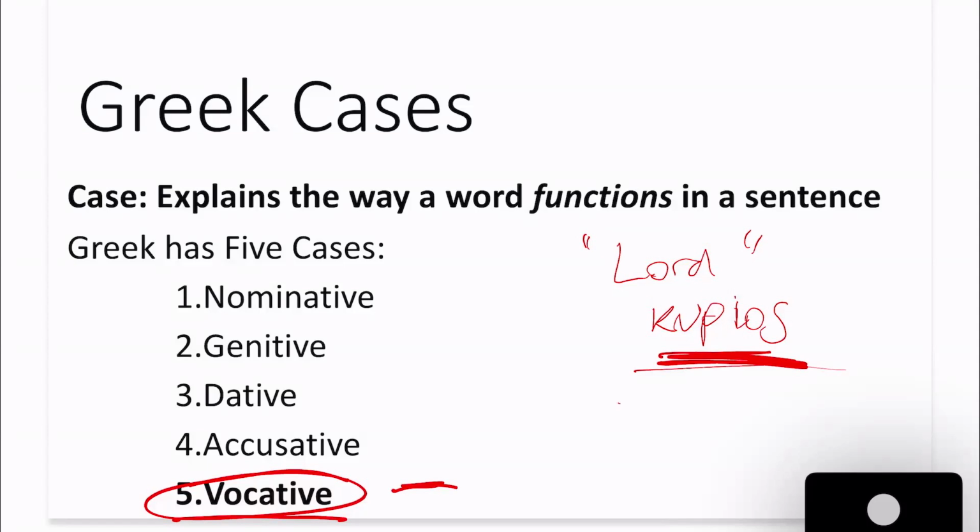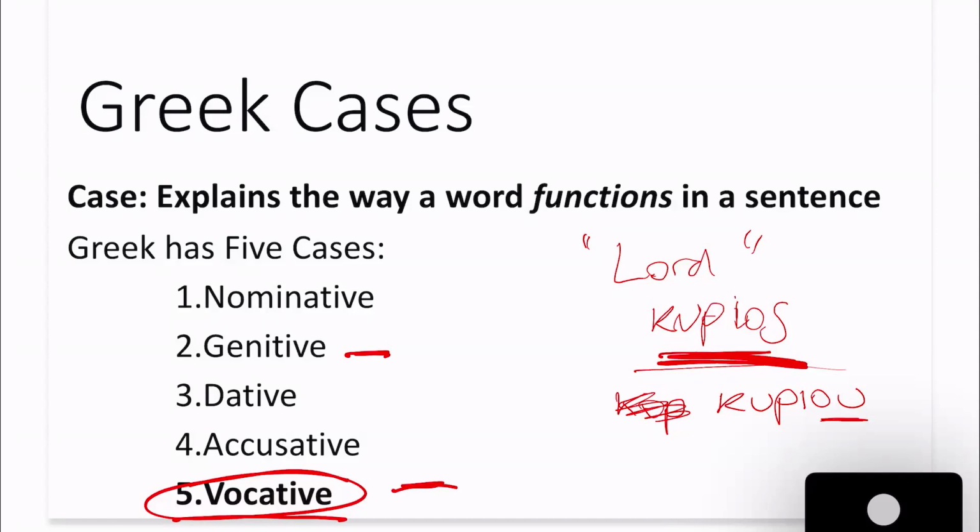If I change the ending to kuriu, I know that it is the genitive case. So it's something that belongs to the Lord. So it might be the cloak of the Lord, or it might be the love of the Lord.